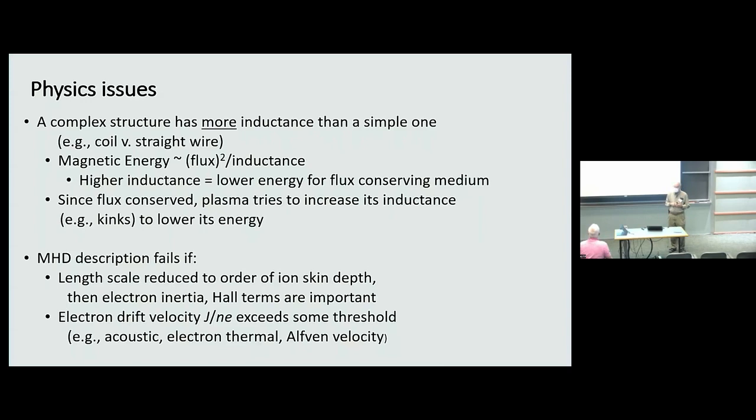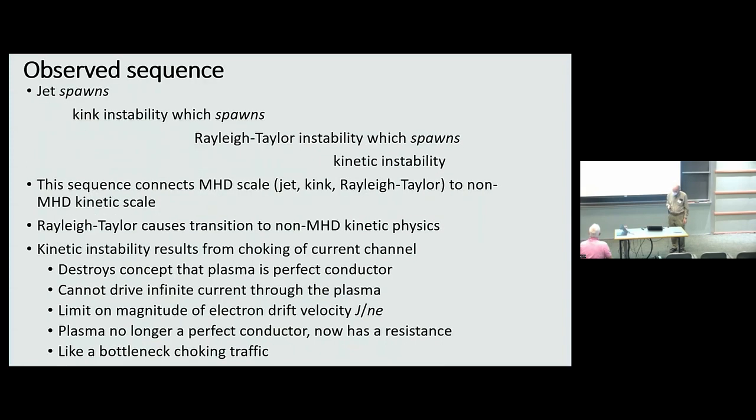And typically this gives trouble when the velocity of the electrons carrying that current exceeds some characteristic wave velocity in the plasma. And plasma is very rich in waves, so there are all sorts of possibilities for that. There's an ion acoustic wave, there's the electron thermal velocity, there's the Alfvén velocity.